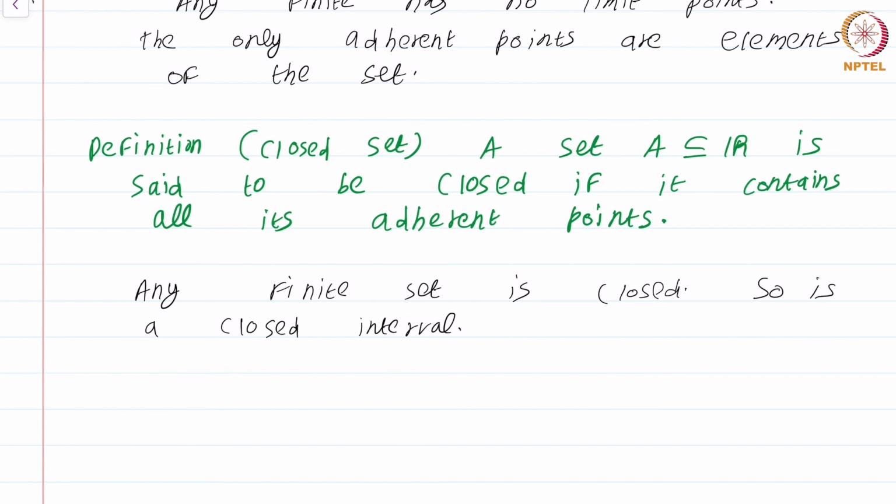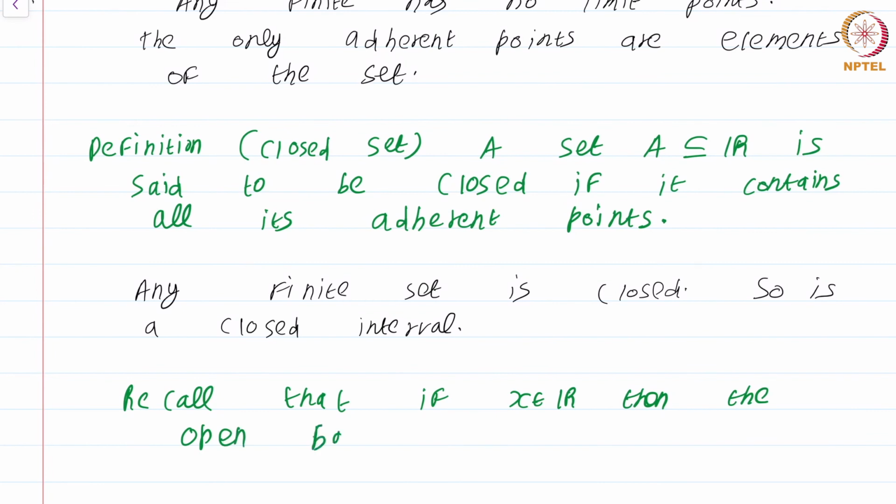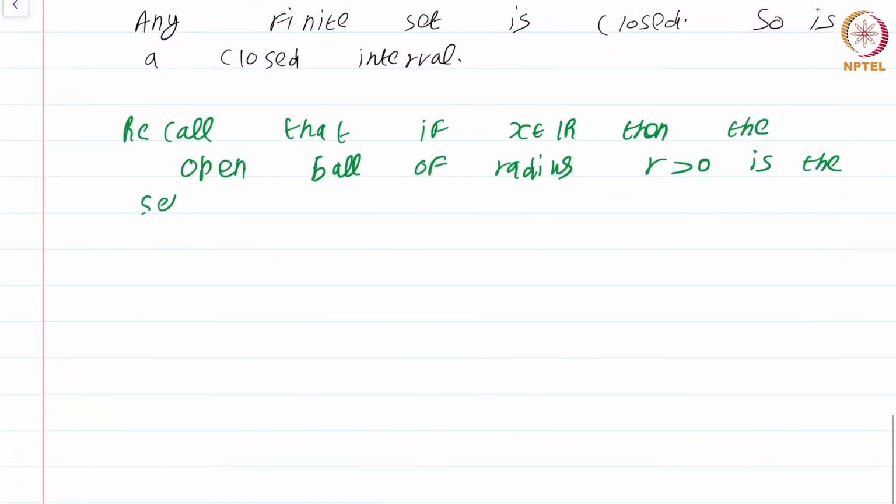So to make this precise, I need to recall that if x is in R, then the open ball of radius r greater than 0 is the set B(x, r) defined to be y in R such that |x minus y| is less than r.